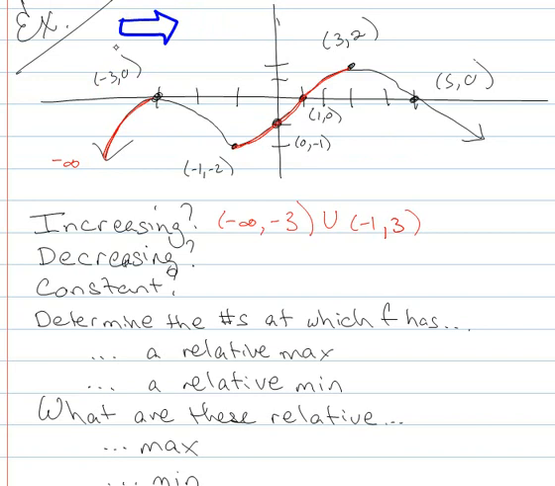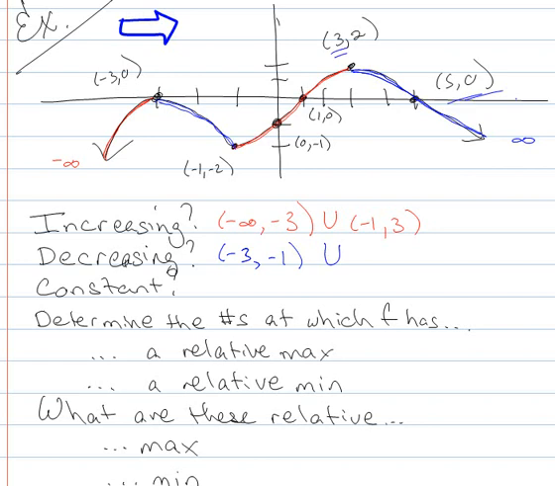All right, now we're going to talk about where we're decreasing. We're decreasing along here, from -3 to -1. And we're also decreasing from 3 out to infinity.